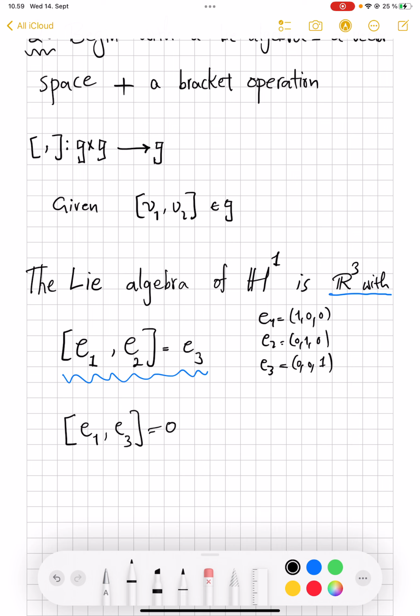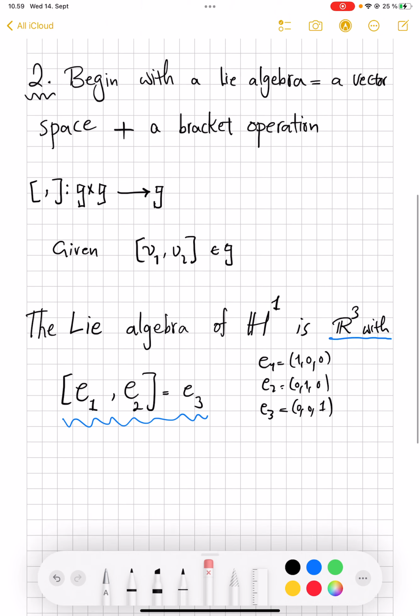And by bilinearity and anti-commutativity, you get all other quantities that you want. Of course, E2 and E1 will be negative E3, and so on. So this is the simplest non-trivial bracket that you can introduce: just one non-trivial bracket and everything else is 0. If you didn't have this one, then the bracket would be trivially 0.